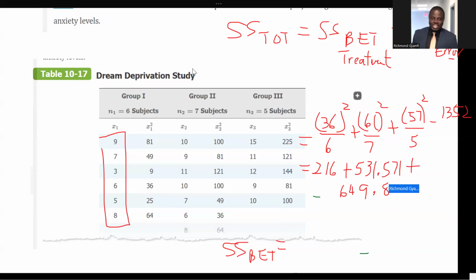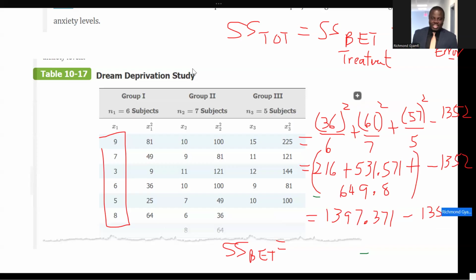And then all these, after you add them, you subtract 1,352 from it. So let's add all of them together. 631.571 plus 216, we've got 1,397.371 minus 1,352.